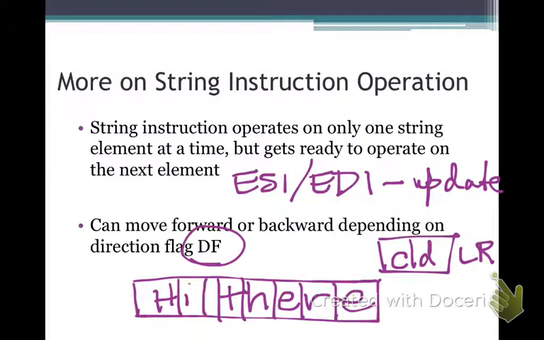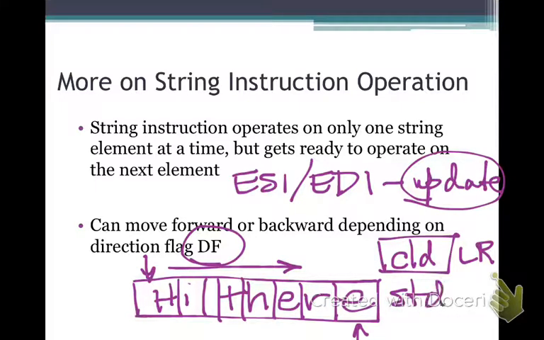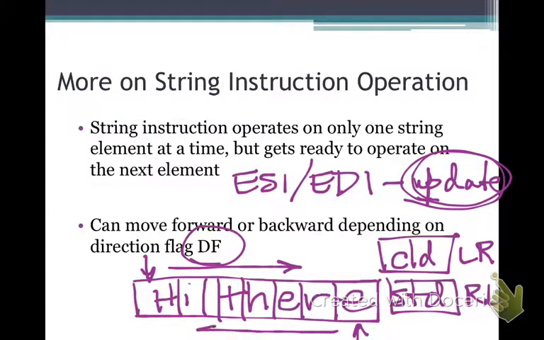So clear direction says make sure we're pointing at the front, and as it updates, it moves left to right. I can also set my ESI or EDI to point to the last element and instead use STD, set the direction flag. This would initiate right to left. So when it updates, I would go right to left as I operate on each element in the string.